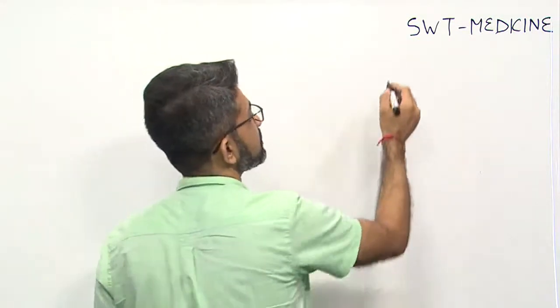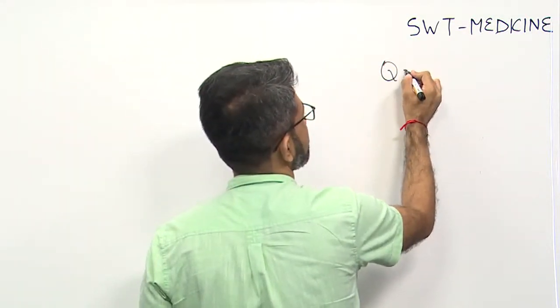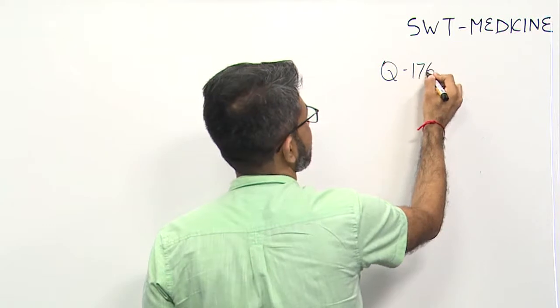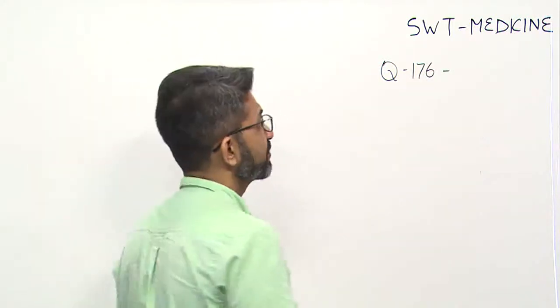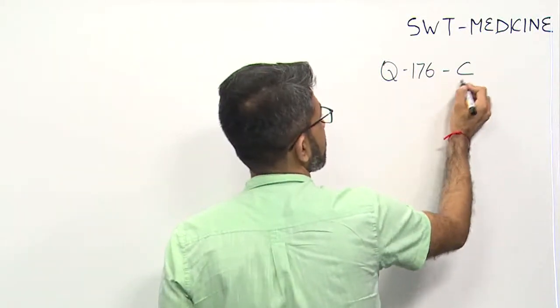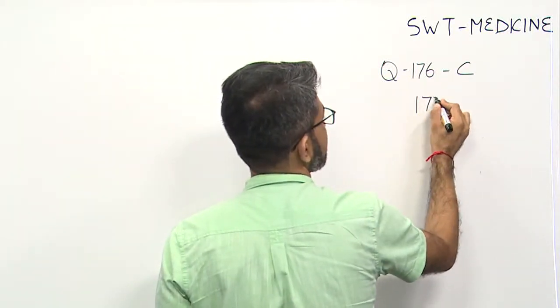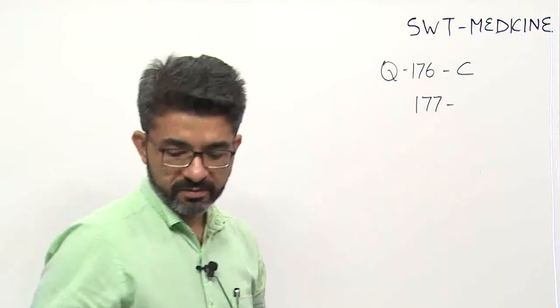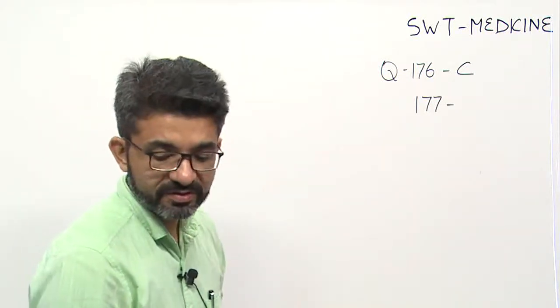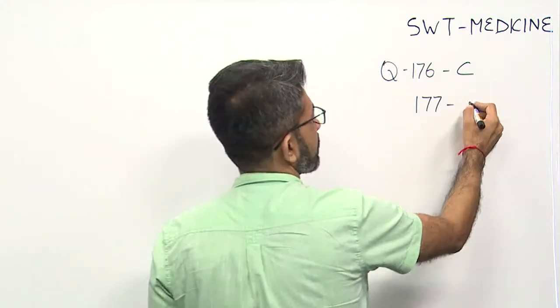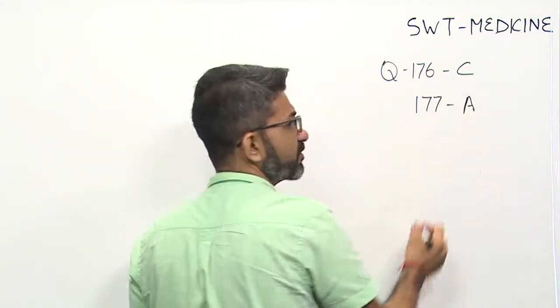Question number 176. Most common valvular lesion in India and world, it is mitral valve prolapse. Question number 177. Most common feature in Poncet's disease. What is Poncet's disease?